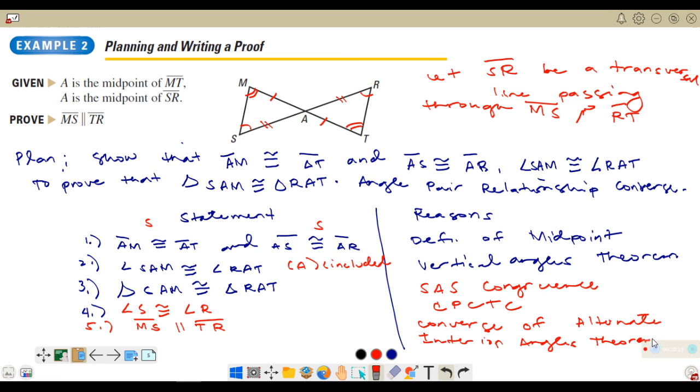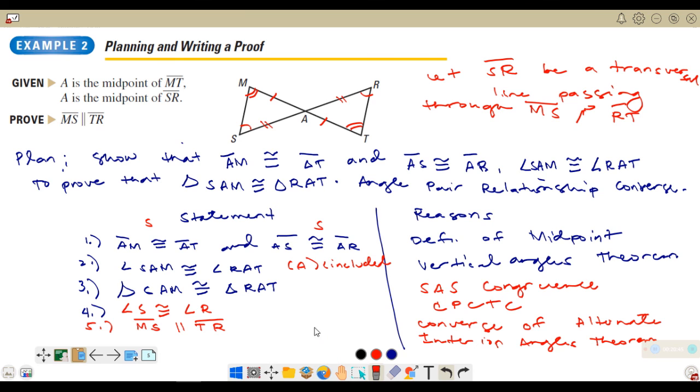So, kailan ka lang ba magkakaroon ng congruent na alternate interior angles? If and only if your transversal passes through parallel lines. In this case, nagkaroon ka ng alternate interior angles that are congruent, which are S and R. That means MS and RT are parallel.